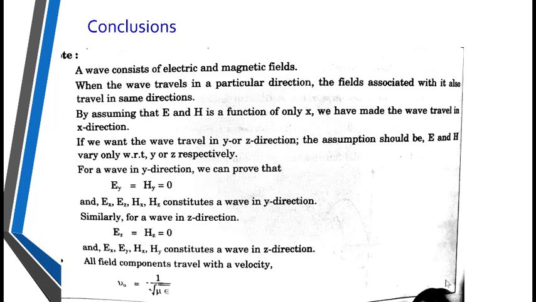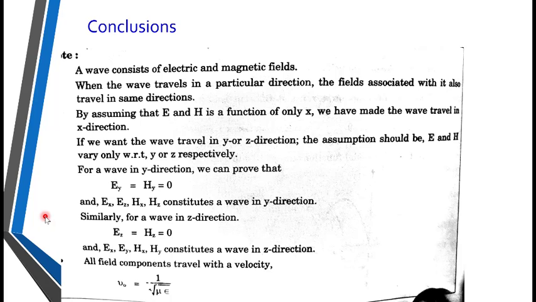So at the last, the conclusions made by seeing the electromagnetic equations are: first, a wave has electric field and magnetic field. Second, when a wave travels in a particular direction, the field associated with it also travels in the same direction. So the E field and H field are traveling in, suppose, the Z direction.